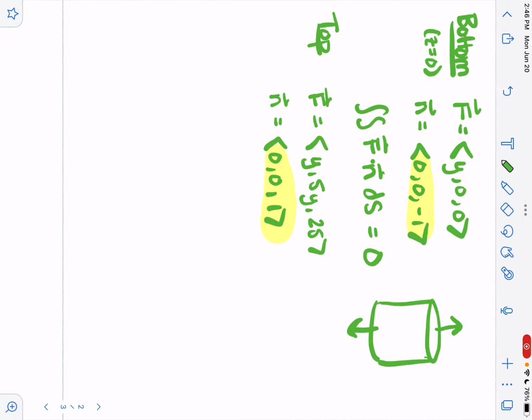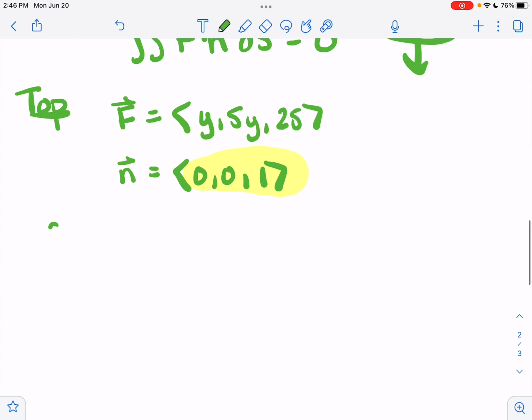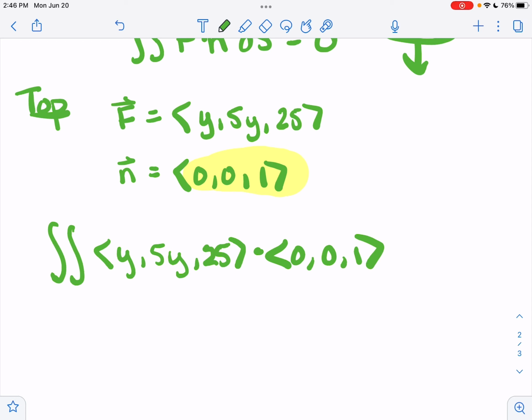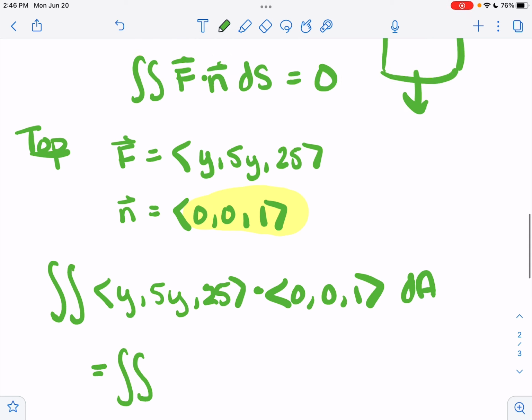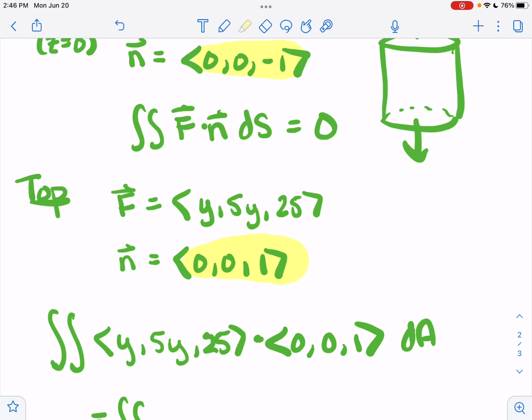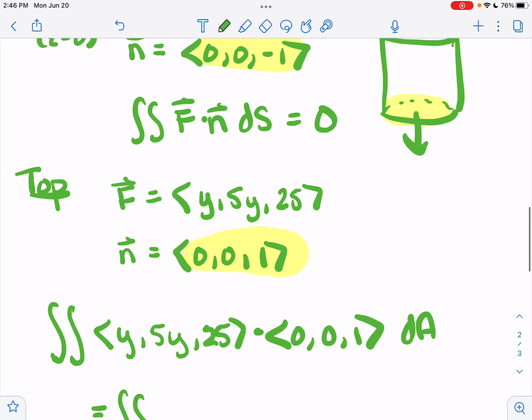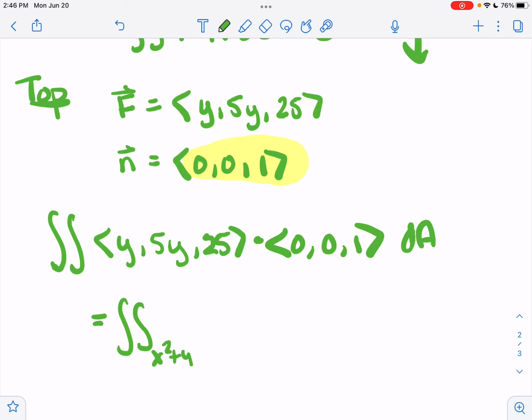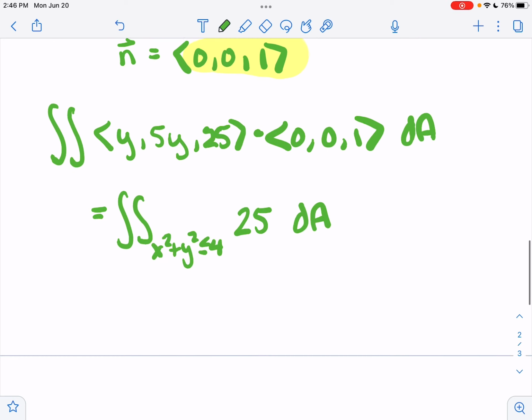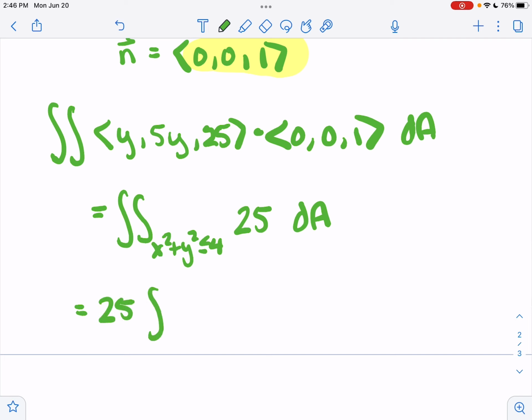So let's see, we end up with an integral of y comma 5y comma 25 dotted with 0, 0, 1. And that's going to be the double integral over this region down here in the xy plane, x squared plus y squared less than or equal to 4, of 25.